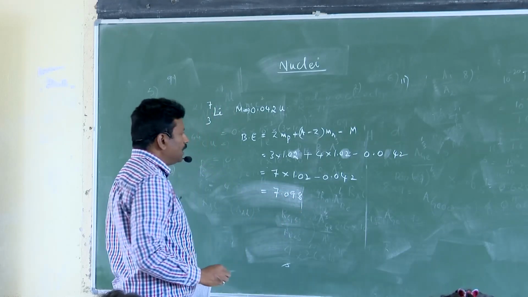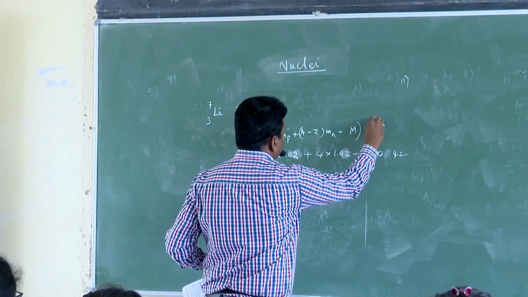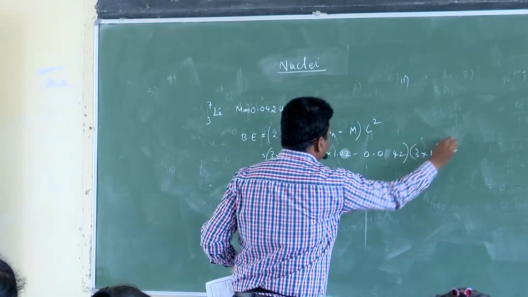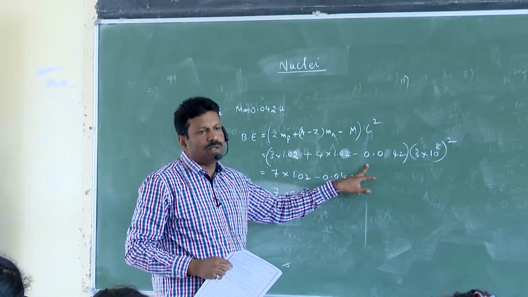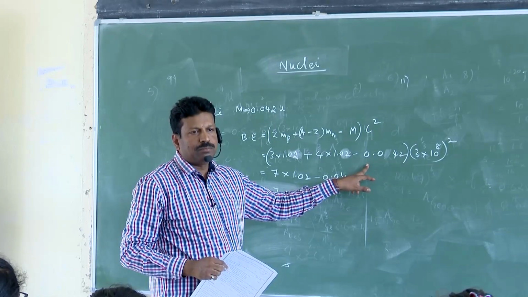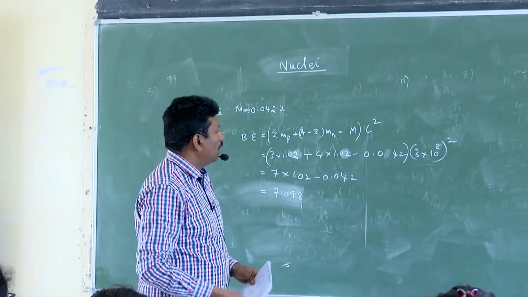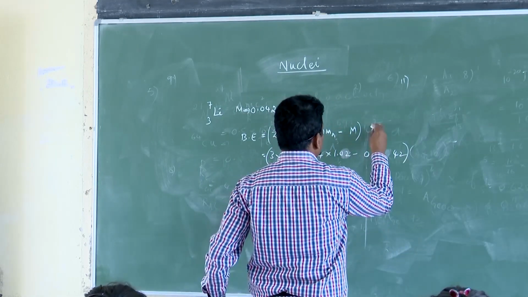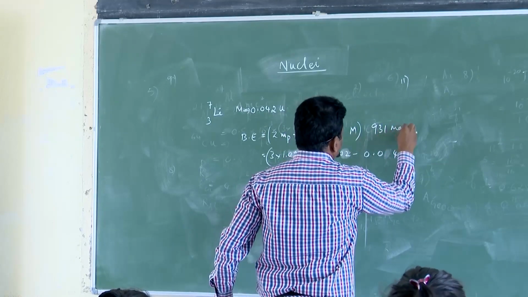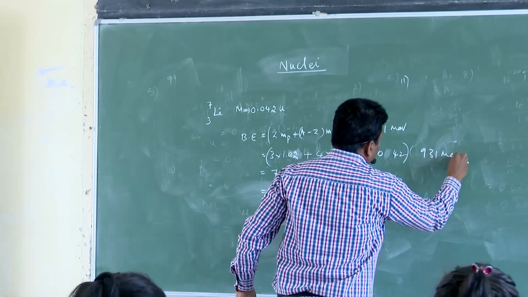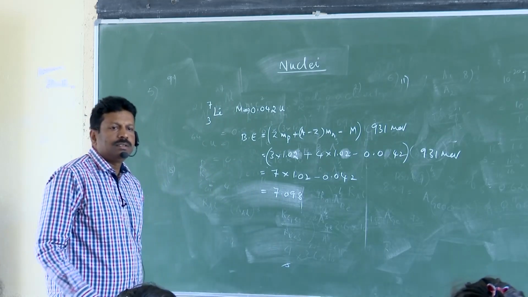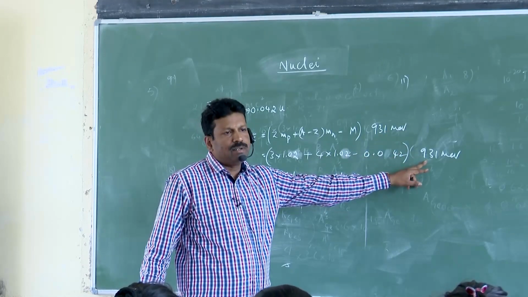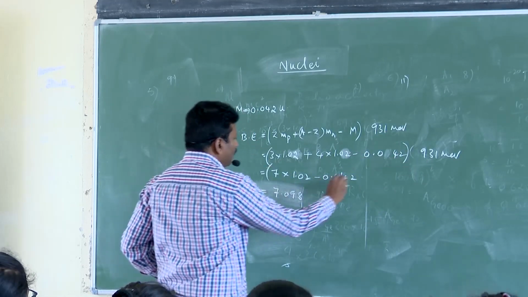7.098. So this is basically into c squared. This is only the mass defect, delta m into c squared, right? Since the mass is given in atomic mass units, we have to multiply with 931 MeV. Are you clear? So you multiply this by 931 MeV.